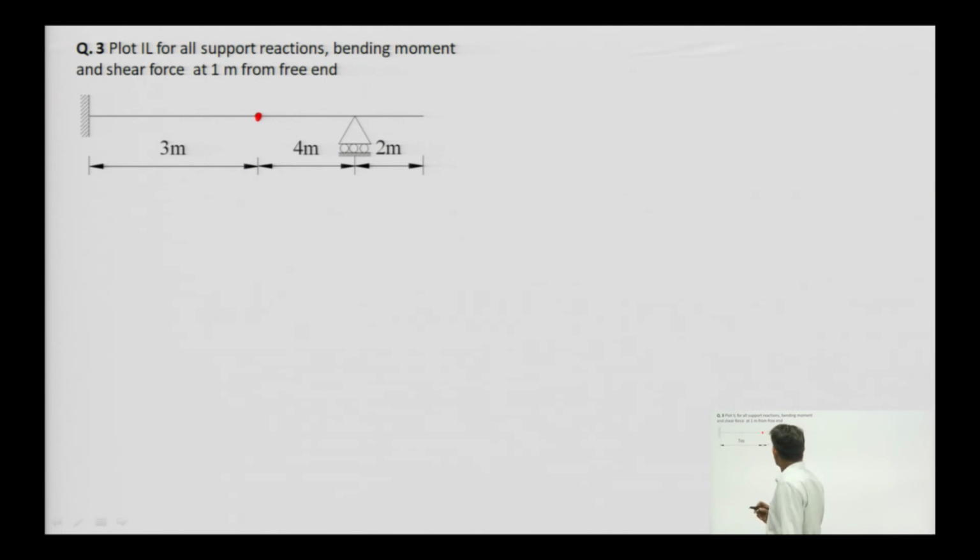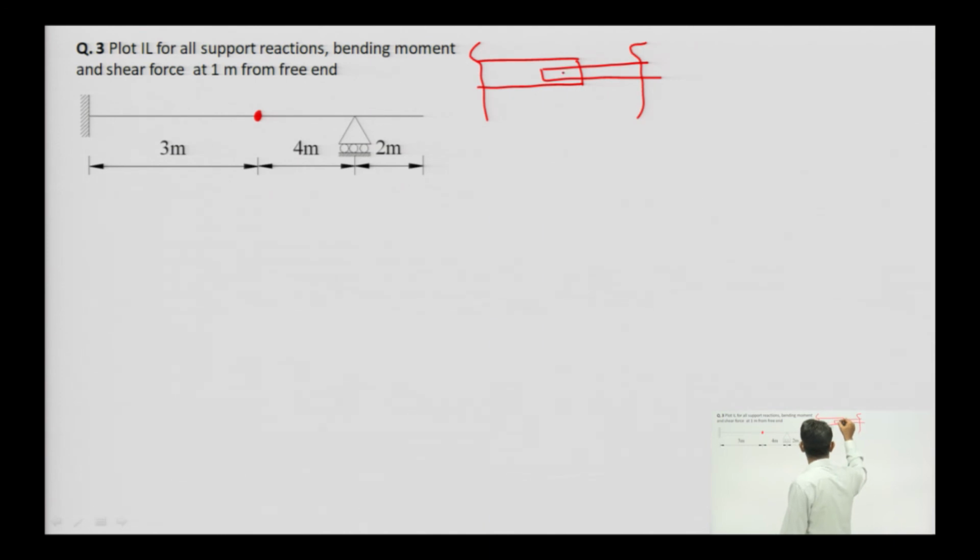And the internal hinge, you know very well that arrangement of internal hinge is like this, means two members are pinned at, means they are free to rotate in any direction, okay.